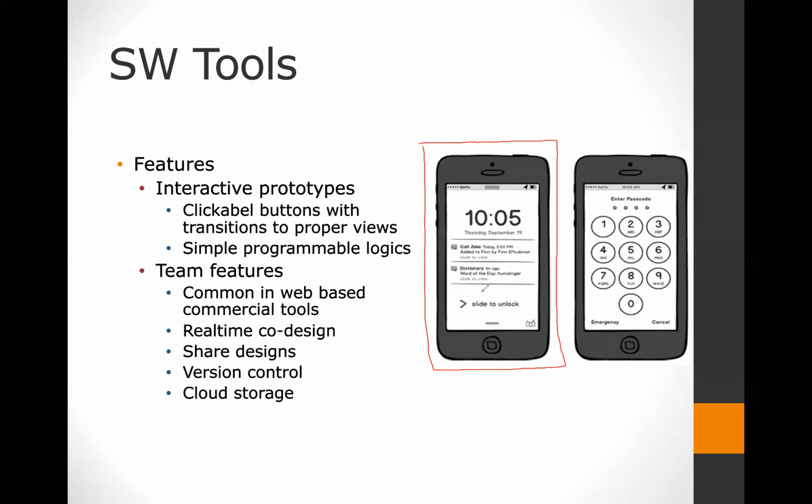Then, for example, in the design you could have added some kind of link or feature to change the view. For example, when this is clicked, it would go from here to this view, and then this view would be displayed. So when you build it this way, the user can basically click through the application and use it almost as if he or she would use a real application.